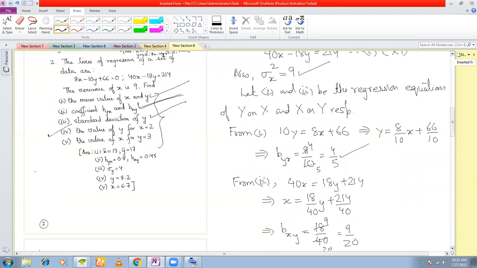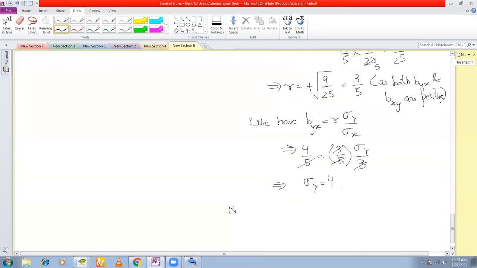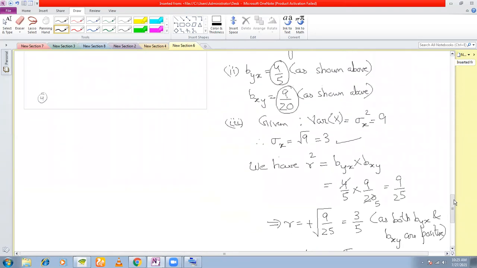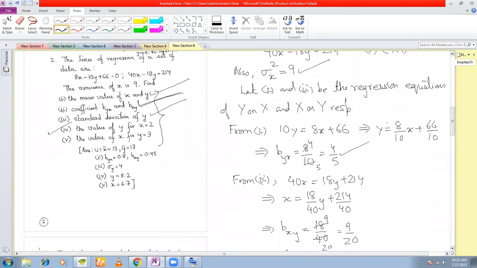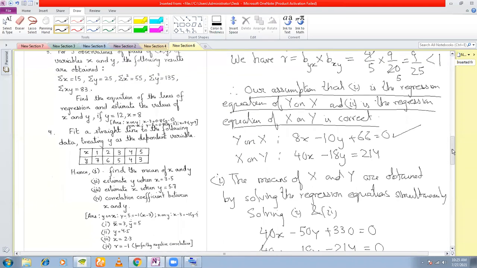Next question is the value of y for x is equal to 24. Which equation should I use? If I want to find out the value of y when x is given, which equation should I use? Y on x, right? Which one is the regression equation of y on x? This is the regression equation of y on x, right?